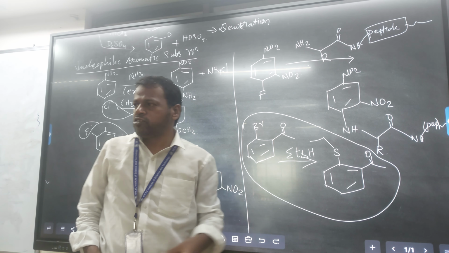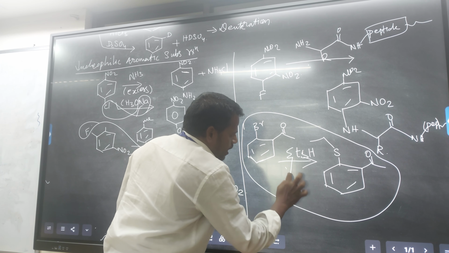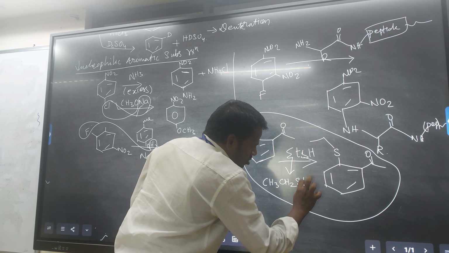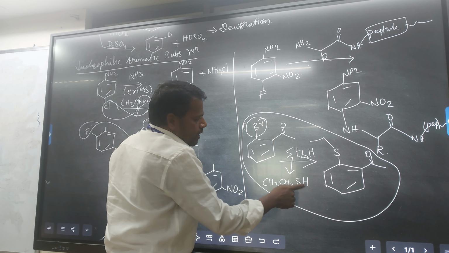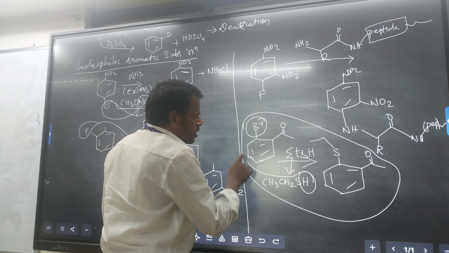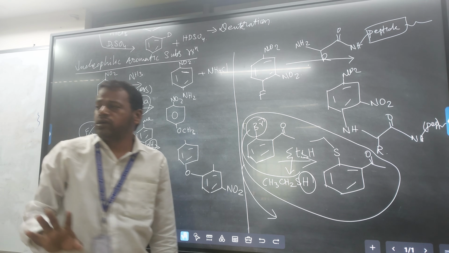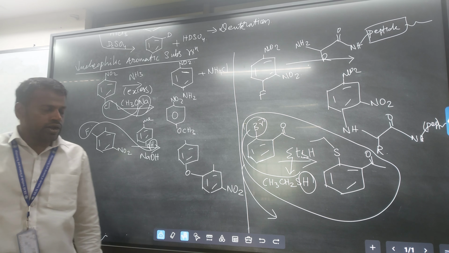You know EtSH means CH3CH2SH. So here the bromide and hydrogen are removed. Then the S group just substitutes. CH3CH2SH, right?